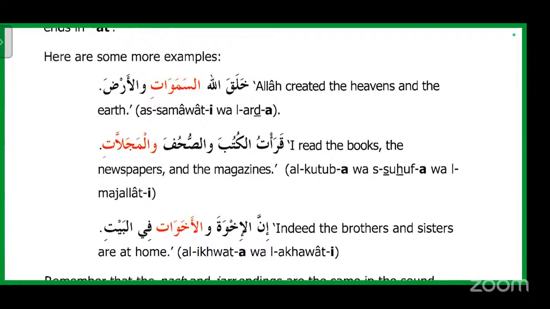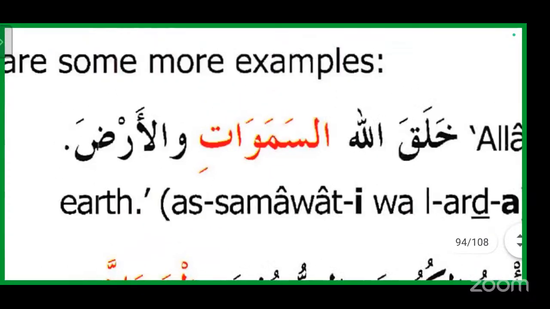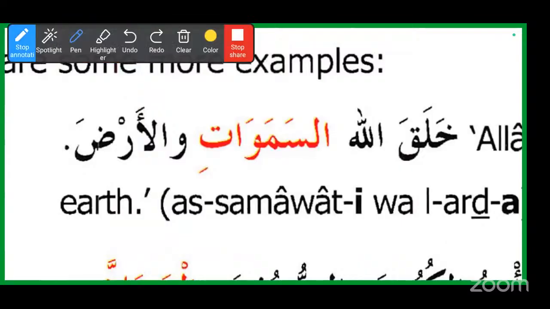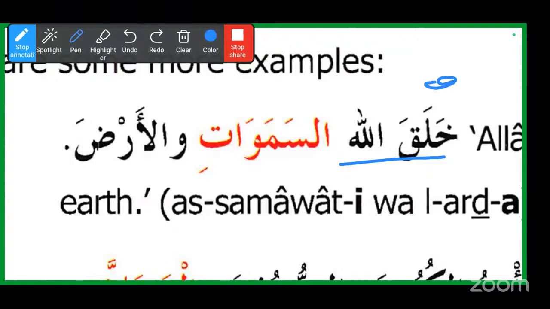Here are some more examples. Khalaqallahu as-samawati wal-arda. You see, samawati wal arda. What is khalaqa? Khalaqa is the fa'il. Who is the fa'il? Allah is the fa'il. So what is the maf'ul?